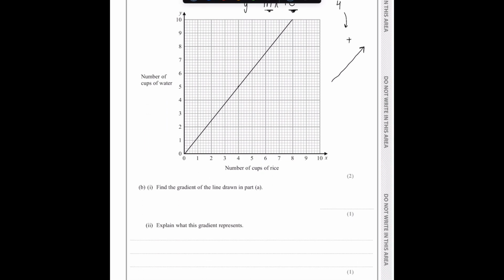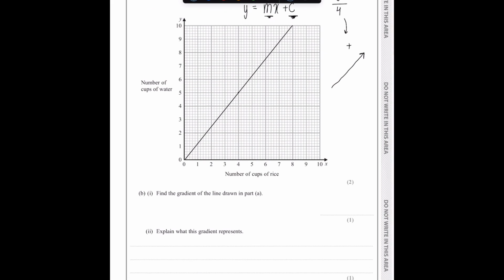But then part B says, find the gradient of the line. So we kind of did that work before, didn't we? And we found out it was 5 over 4. So we can then write our gradient as 5 over 4. Now, the second part of part B says, explain what this gradient represents. And what this gradient represents is the number of cups of water needed for each cup of rice.